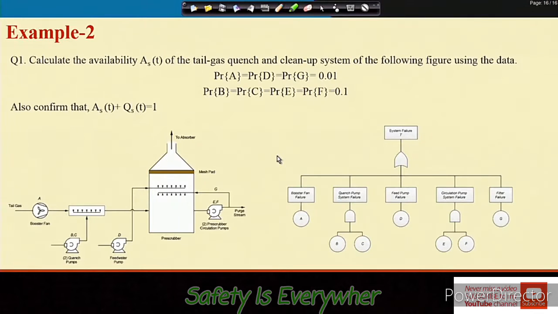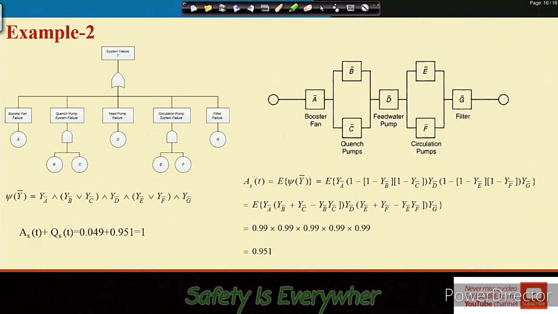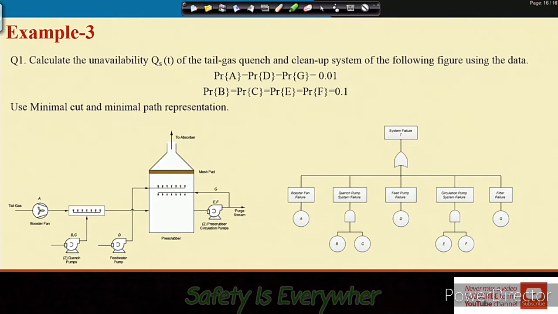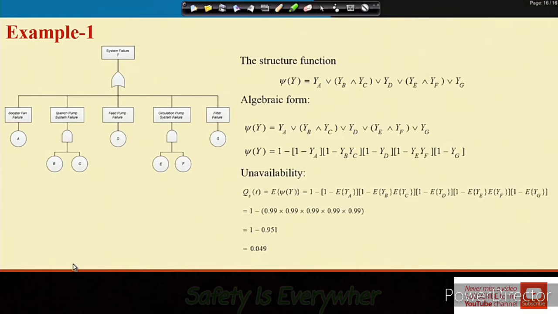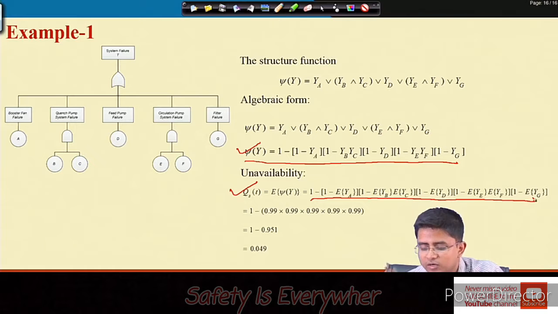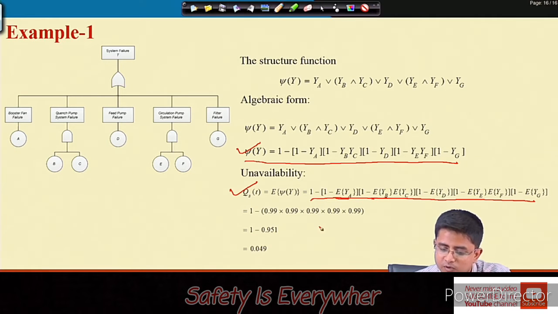This is the expected value of the structure function that we have got, and this is my unavailability. Now, we just have to put in the probability values.